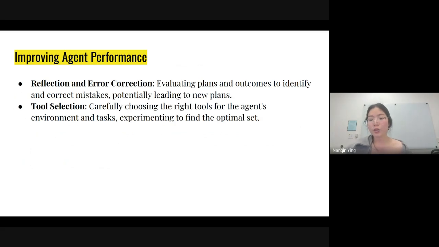So in conclusion, the AI agent is considered a significant step towards truly intelligent AI. By combining the ability to perceive their environment, utilize a range of tools, and plan their actions, it opens up opportunities for automating complex tasks and assisting us in numerous ways.